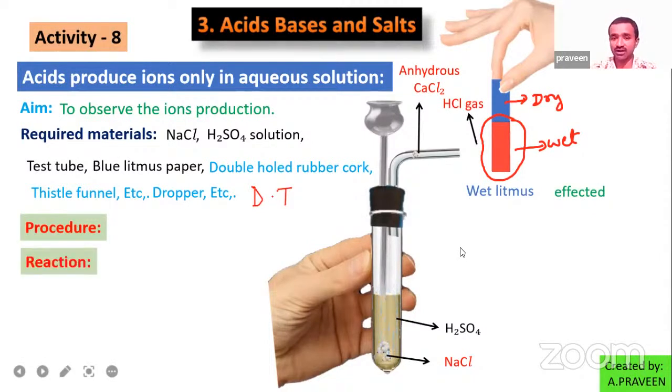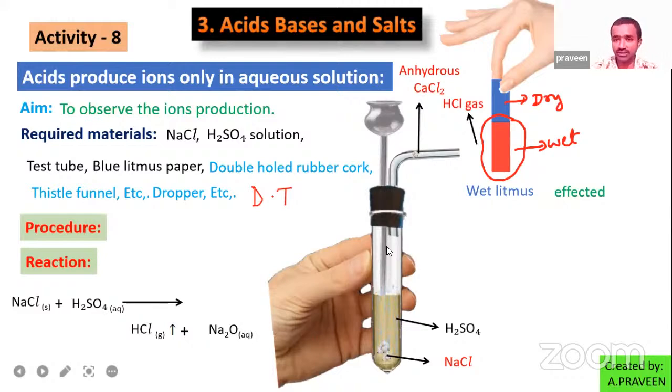When the sulfuric acid and NaCl are together in the test tube or in the boiling tube, they can react, giving you HCl and sodium sulfate solution. Sorry, mistake, Na2O written.